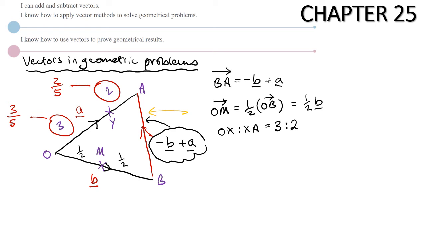So I could say something like, let's change that. I did use the letter Y, so I'm not sure why I'm putting an X, so let's change that to Y. So I could say that O to Y is 3/5 of how I get from O to A, which is just A. It's just 3/5 along that line.